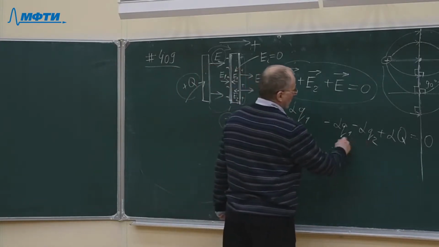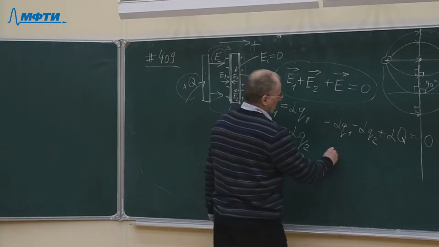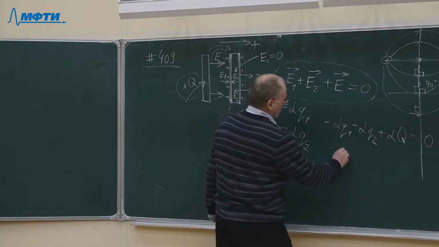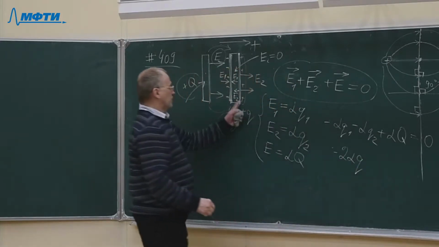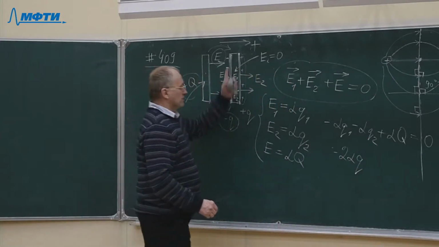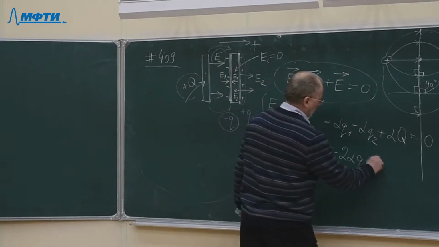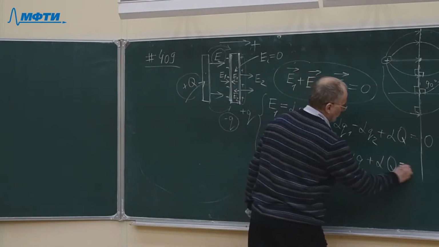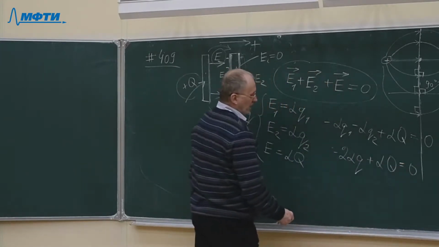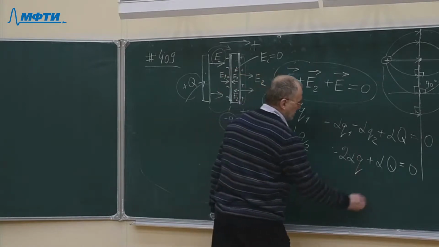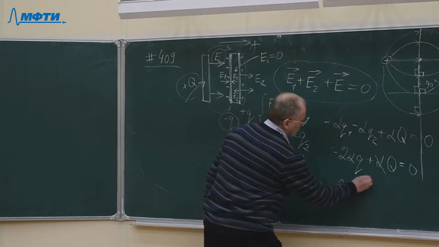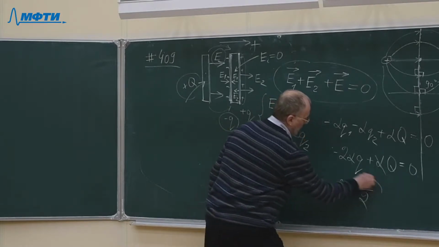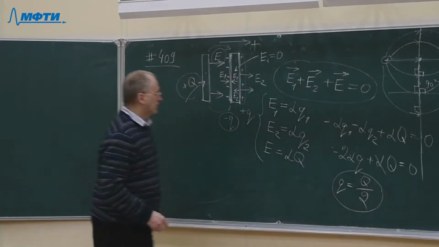So these are two equal charges that we may write like 2 alpha q, where q is the charge generated on either surface, plus alpha capital Q is 0. From here we understand that alpha may be cancelled, and small q will be equal to large Q divided by 2. So we have solved the problem.